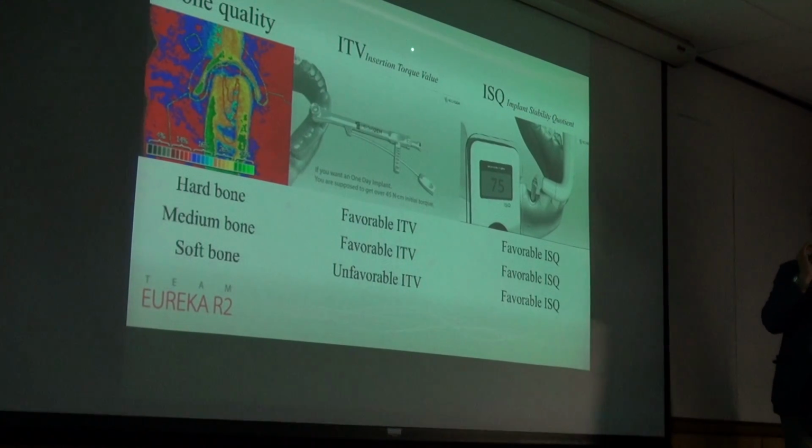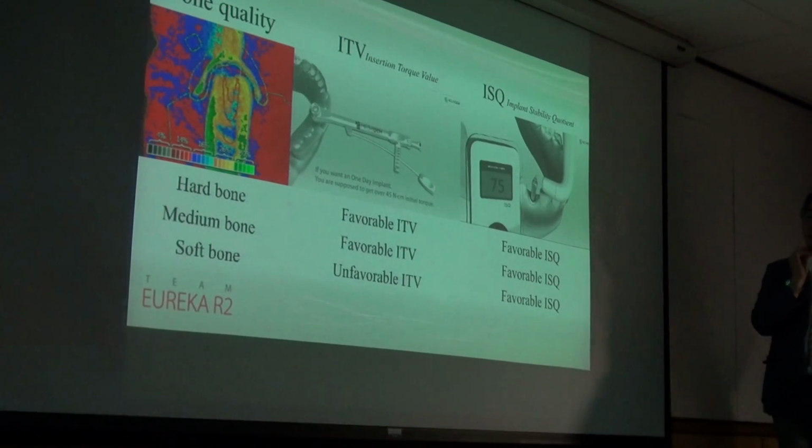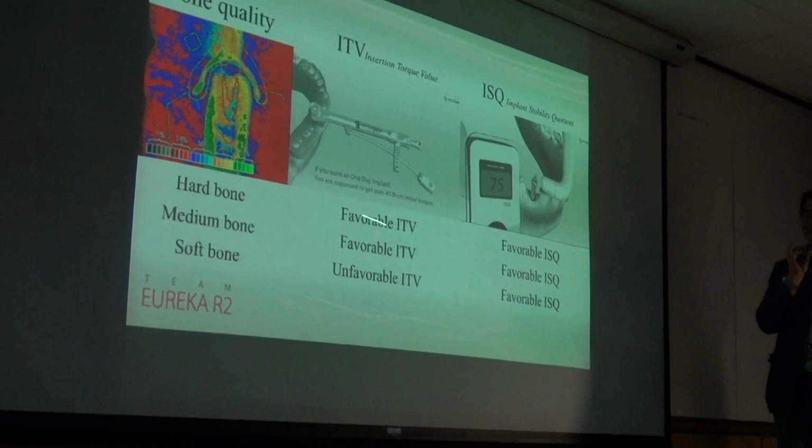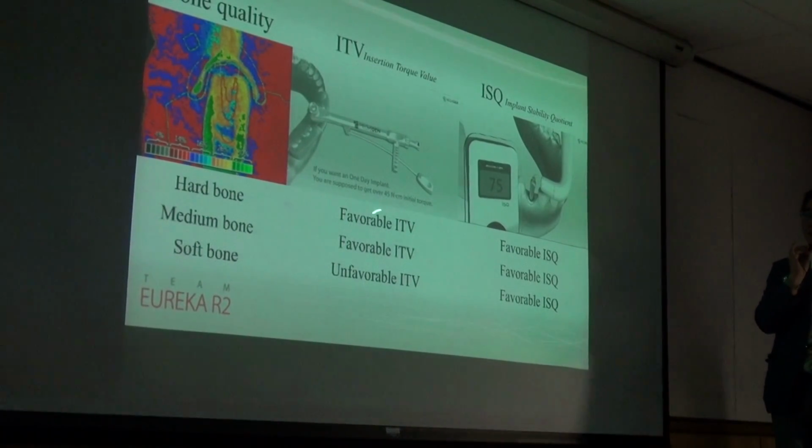Bone quality, ITV, and ISQ value are very important. If we meet hard bone, it's natural that we get a favorable insertion torque value and a favorable ISQ value. The same is true in medium bone.